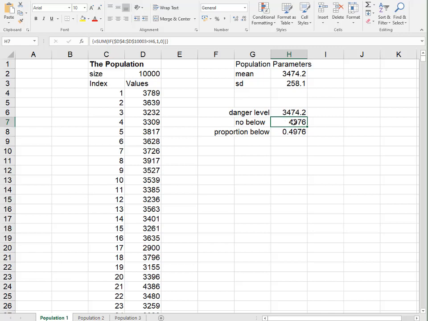So about 4,000, and this is the proportion, because there are 10,000, so 4,976 is 0.4976, just under 50%. So that's not quite high enough.